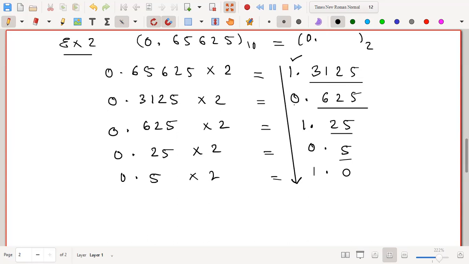Starting from the top, 10101. So in this way, if you are provided with a mixed number, which has the integer part as well as the fractional part, then you should be able to do this conversion. You can try out different examples.